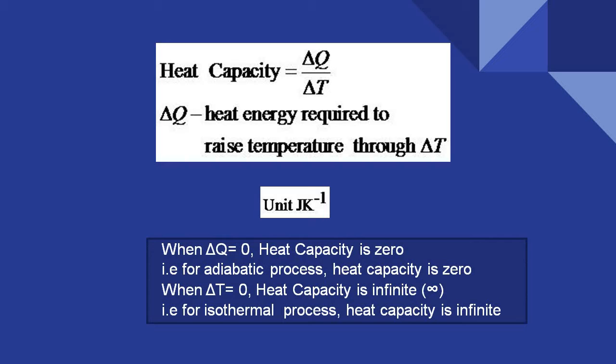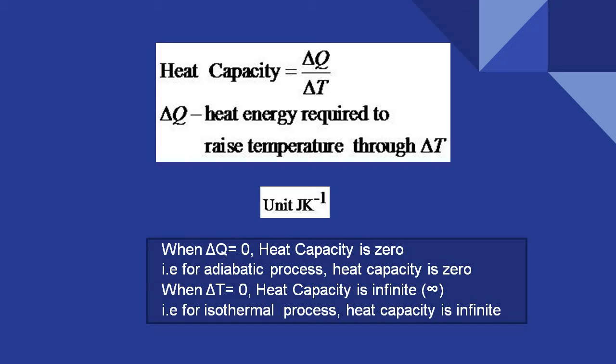And unit for heat capacity: unit of heat is joule. Joule is the SI unit of heat. So it is joule per Kelvin. And actually, you are considering this joule as unit for energy.